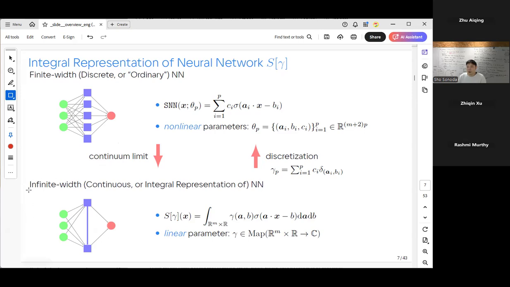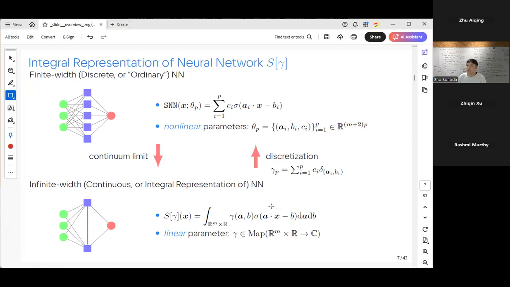So the bottom panel corresponds to infinite width. And this is a mathematical trick to linearize the nonlinear parameters of a neural network. How? The integral representation. Let me explain the integral representation of a neural network. It is an infinite sum of basis functions of a neural network. And in this integral representation, all possible hidden parameters A and B are integrated.